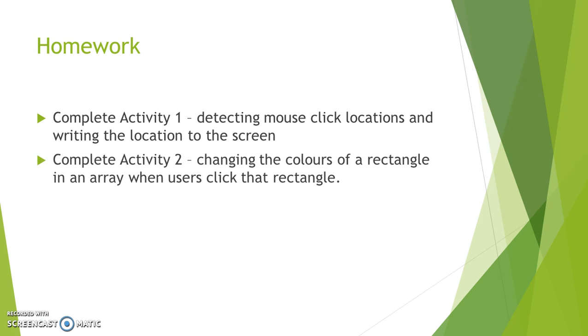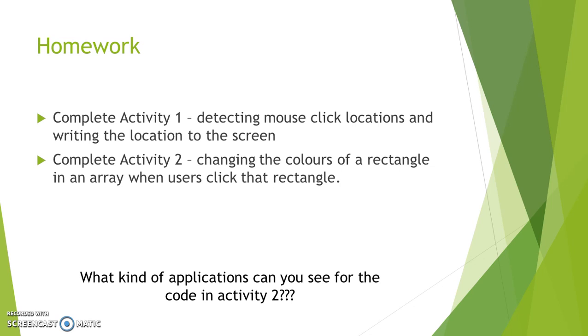Activity 2, changing the colors of the rectangle in an array when the users click that rectangle. And I'd invite you to think about what kind of applications you can see for the code involved in activity 2. Really, there are a fairly large number of them. But think about some of those and have those ready for class.